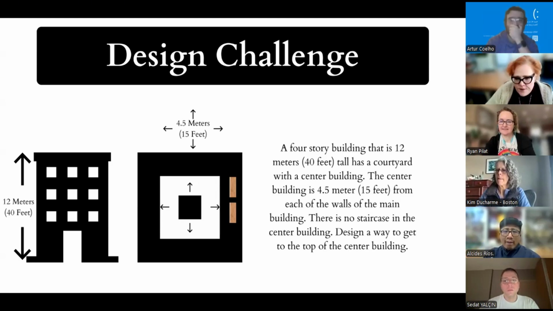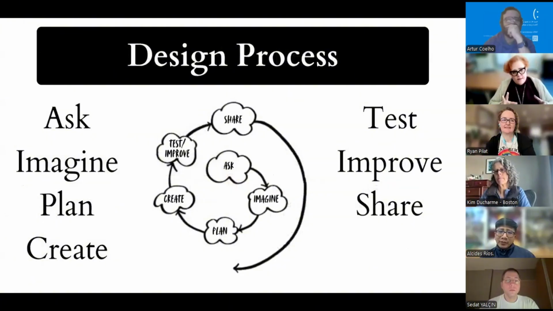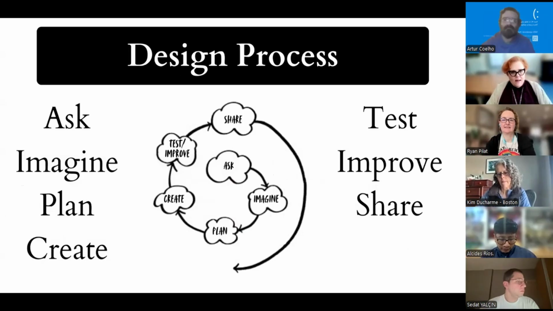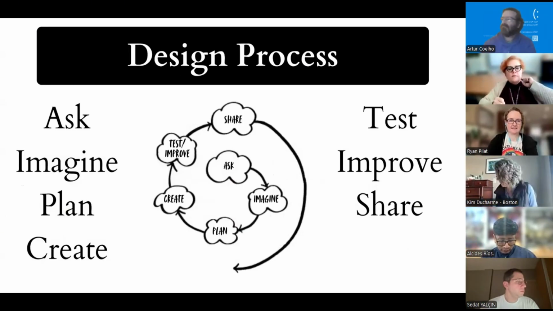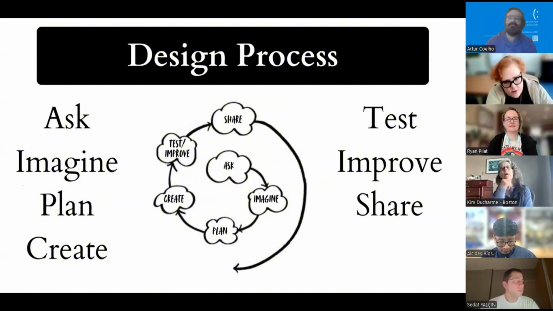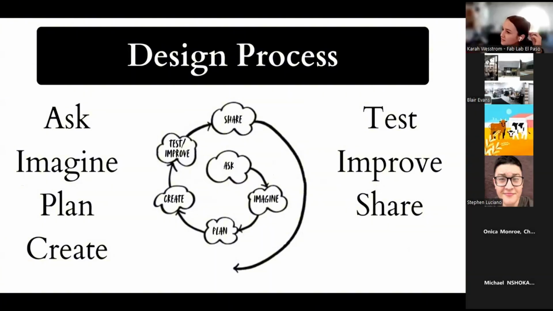So the first thing, when you're trying to solve this, would be the design process. You're going through it automatically. I talk to my students about how it happens like that. They already have questions. They don't ask them. They jump in. They imagine what the answer is, and then they start to tinker with it.